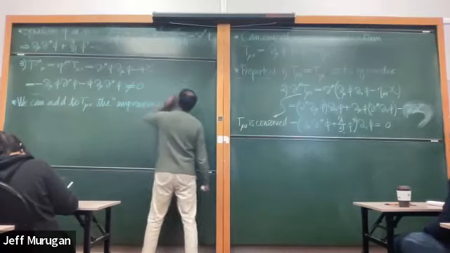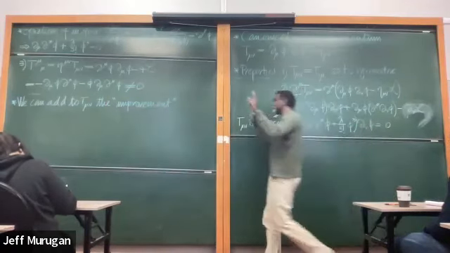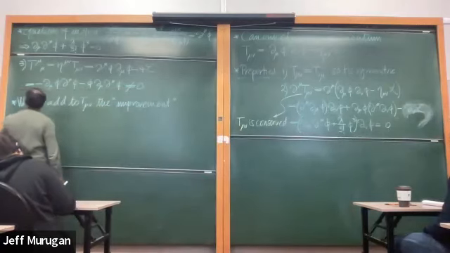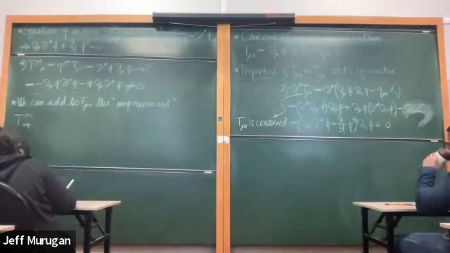Now we can add to the energy momentum tensor this improvement term. I'll call it T mu nu improvement.